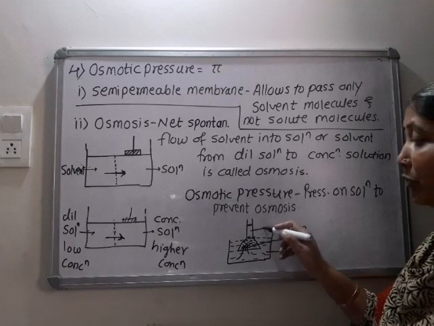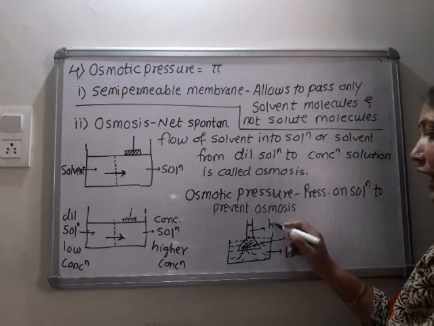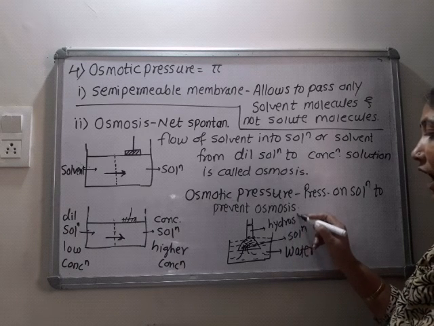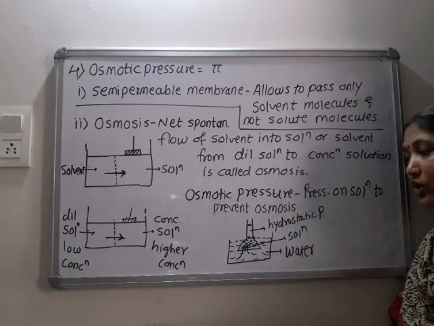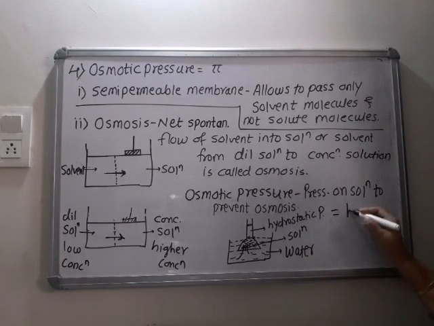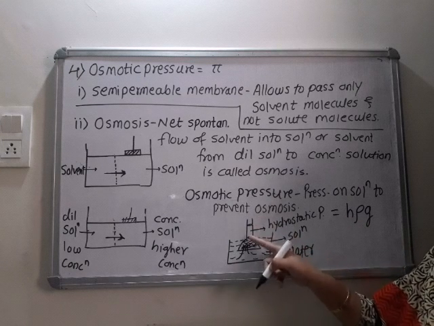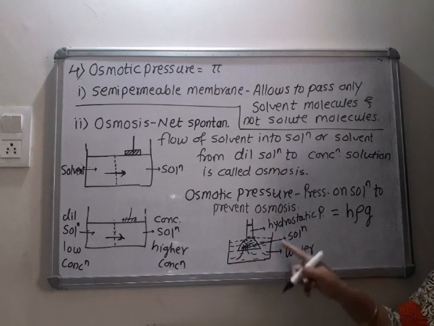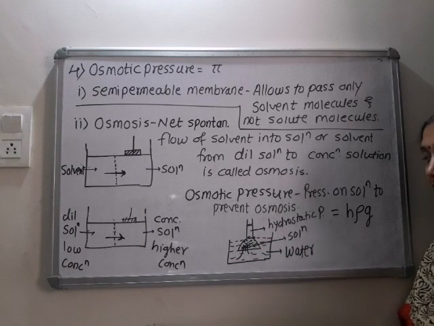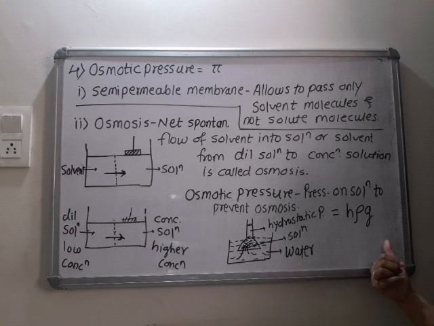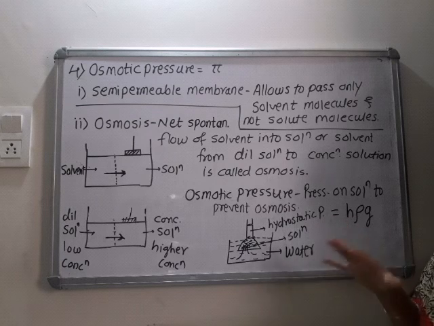That pressure develops here automatically, naturally, and that pressure is called hydrostatic pressure. Hydrostatic pressure is denoted as h rho g. h is the height of this column, rho is the density of this solution, and g is the acceleration due to gravity. So hydrostatic pressure is h rho g. Very few questions are there in MCQs.